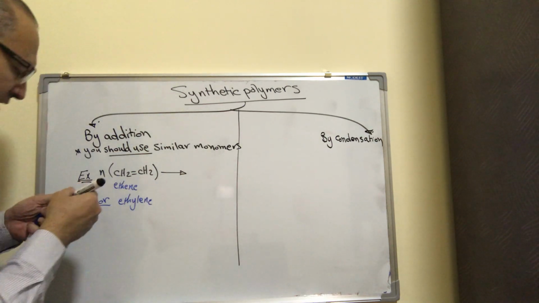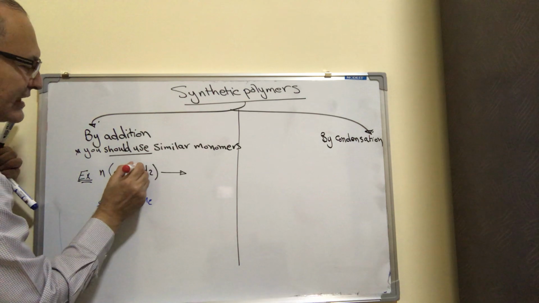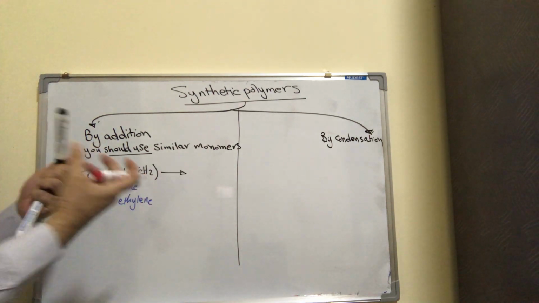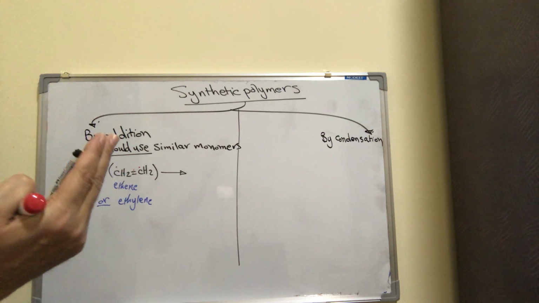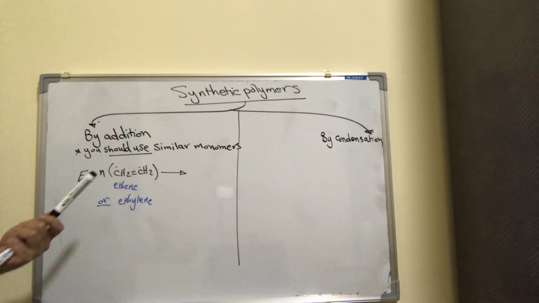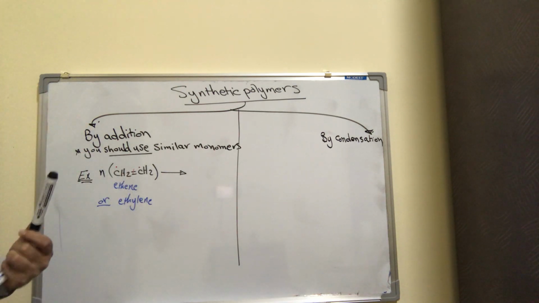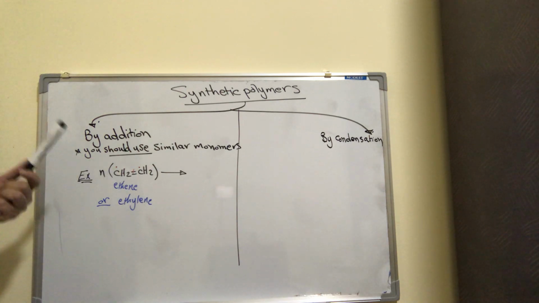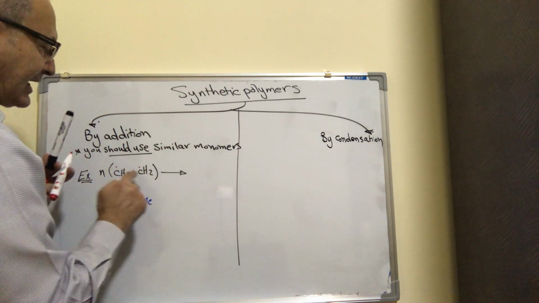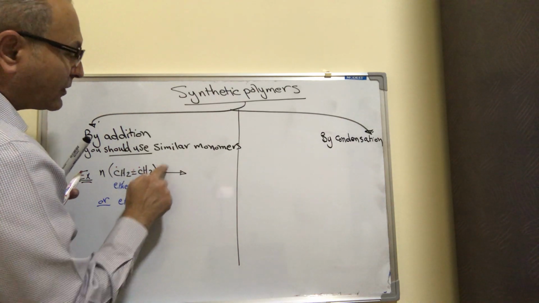that the double bond here would break down, which allows each carbon atom to take back its electron, because you all know that the bond is a matter of sharing two electrons between two atoms. When it is breaking down, each carbon will take its own electron that was shared with the other carbon atom. This will allow the carbon atom here to bond with another carbon atom from another molecule.